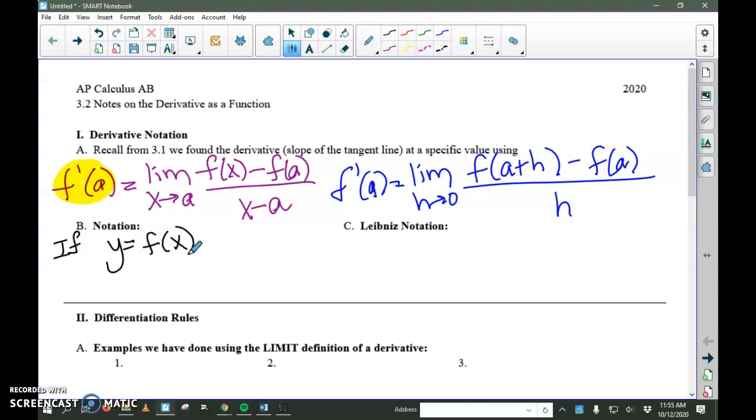Okay, then when I'm looking at derivative notation, we talked about this f prime as being the slope of the tangent line. I also could just write y prime. Y prime, that apostrophe it looks like, that notation also indicates the slope of the tangent line. Okay? So again, this represents slope of the tangent line.